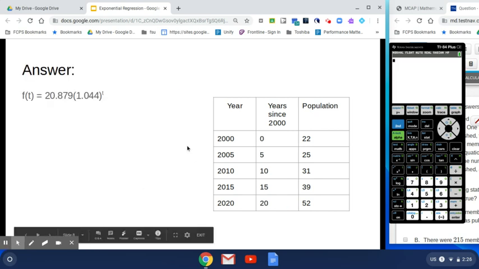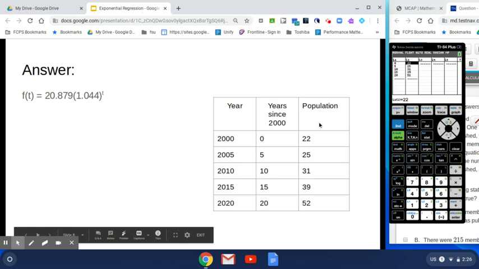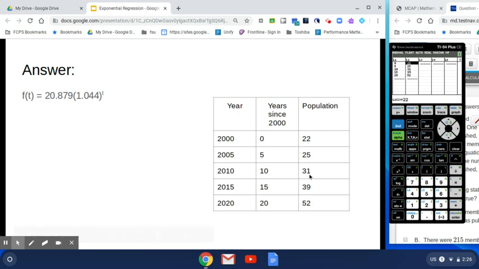Okay, so if we plug in the values, again, those years since 2000 go in list 1, and the bird population in list 2. We go to Stat, over to Calc. Exponential regression is option 0.